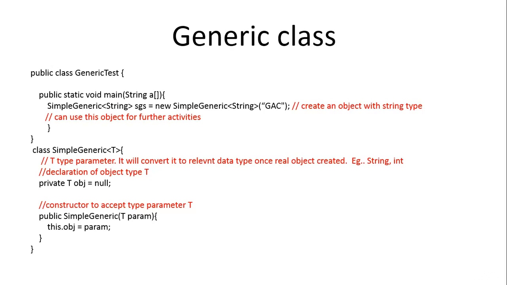Create an object with string type, new SimpleGeneric<String>. So this is an example for generic class. We write the logic only once and we can use it for any data type.